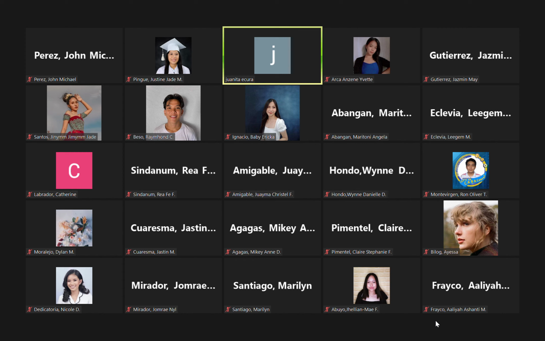Problem 6. So, sa problem 6, ang beginning work in process ay 15,500 units. And then 36,000 were started. So ang total niya ay 51,500. 48,000 yung completed.